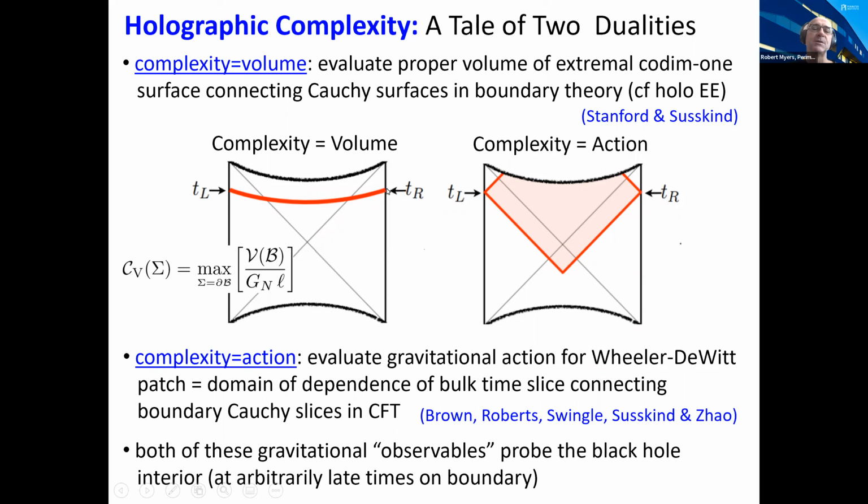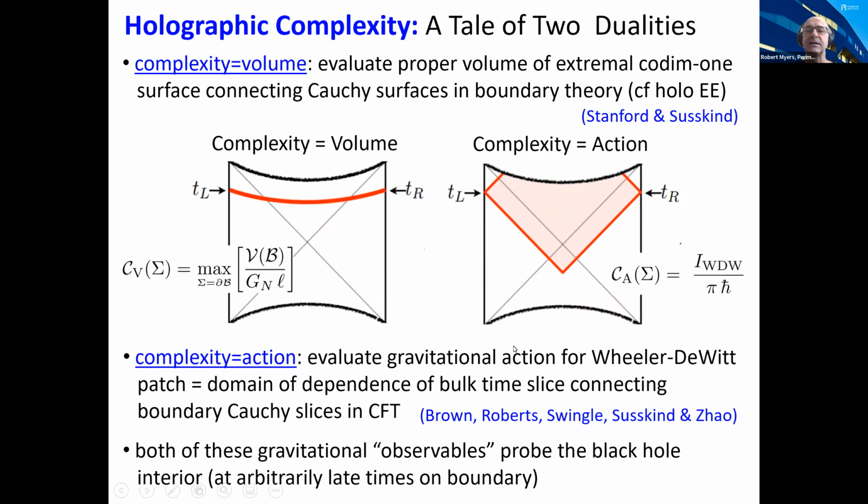What I'm supposed to do in the bulk is, very similarly to holographic entanglement entropy, look at codimension-one surfaces that stretch across the space-time like this. I evaluate their volume. I find the surface that maximizes their volume, and then the volume of that surface gives us what I'll call CV, the proposal for a measure of the complexity of the boundary state.